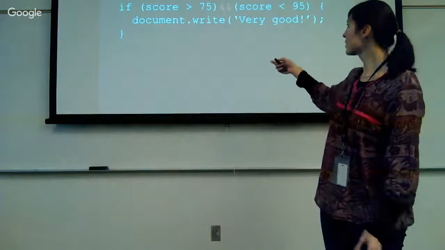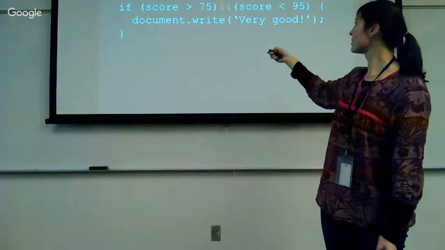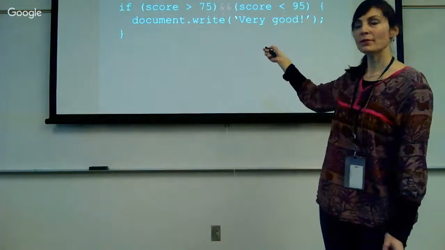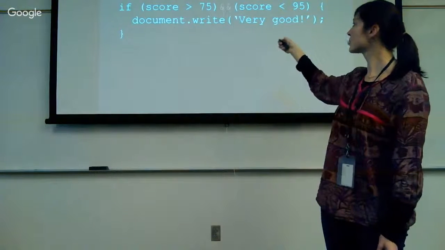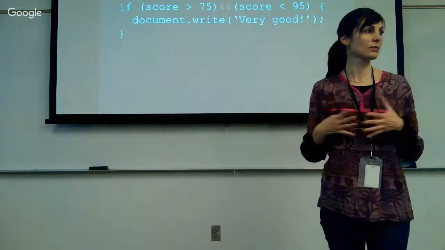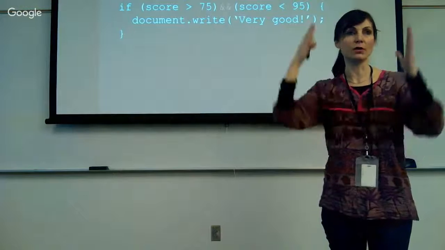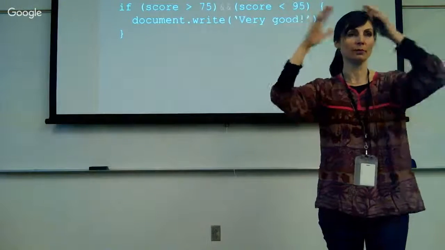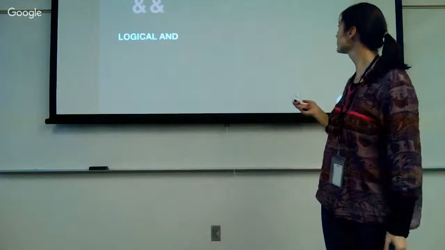What I was pointing out in addition to what you said is that if the score is 85, is this true or false? And if we have a logical OR and we know that one side is true, do we need to know anything else? We don't need to know anything else because with logical OR, as long as one is true, then the entire expression is true. Okay.